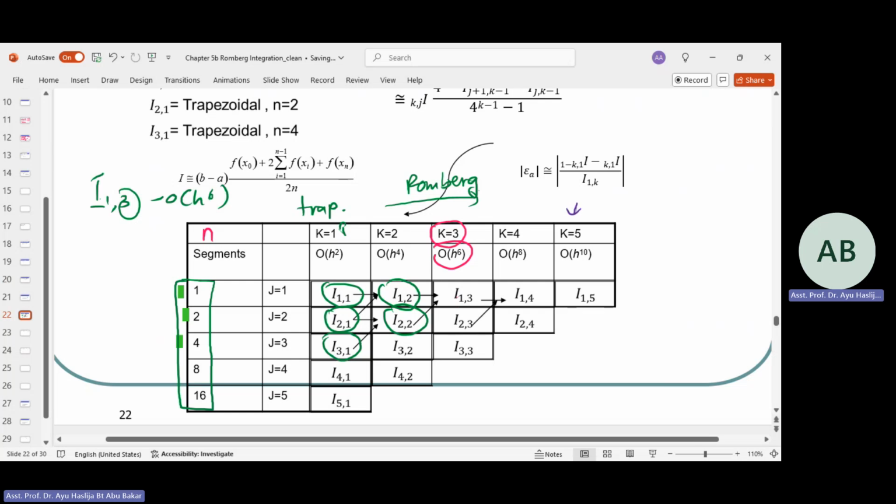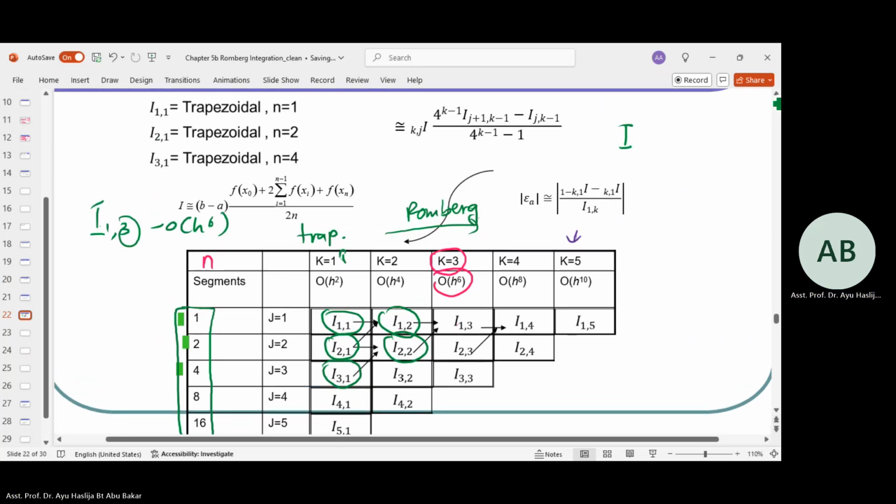Okay, the equation that I just mentioned, for level 4, requires 4/3 I more minus 1/3 I less.